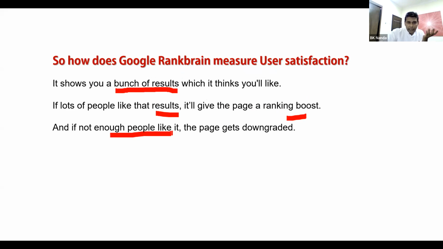And if people don't like it, it's going to send it right down. And it will not be suggested unless you are very specific. If not, our web page is not going to be shown. So it all depends on, things have changed. It all depends on whether people are actually liking my web page, the content in it. That's what matters most at this point of time on a long-term basis.